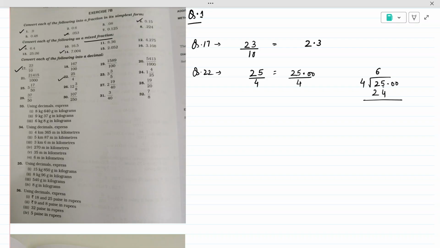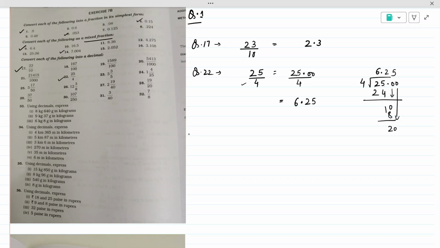Since we have taken both the digits, after this quotient the decimal will come. 5 minus 4 is 1. Now take down this 0. 4 into 2 is 8. 10 minus 8 is 2 again. Again this 0. This is 4 into 5. So 6.25 is the decimal conversion of this fraction 25 by 4.